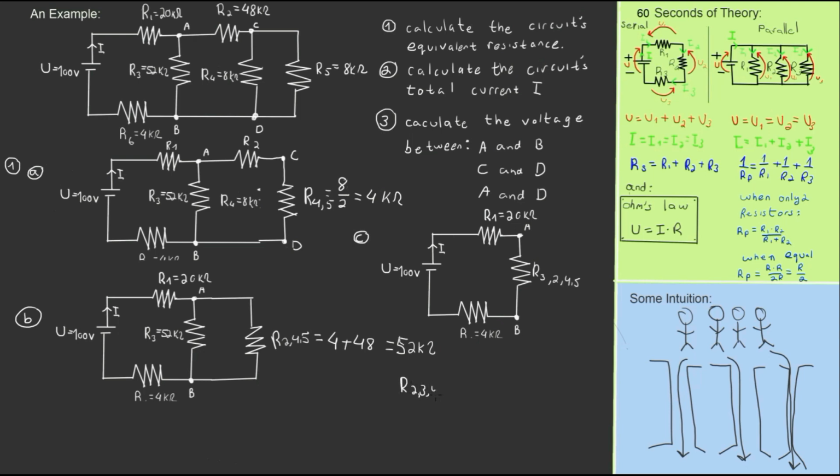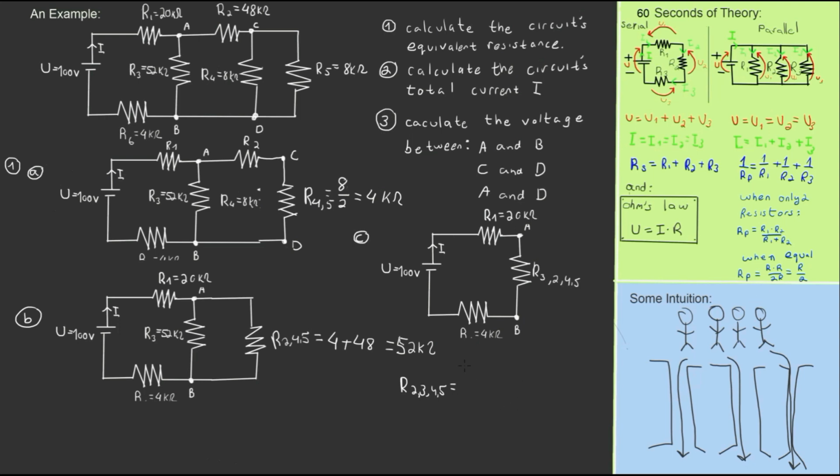R2, 3, 4, and 5. It's the result of connecting 2 resistors in parallel. The 2 resistors are a 52 kilo ohm resistor and a 52 kilo ohm resistor. Wait, again we have 2 equal resistors connected in parallel. That's the simplest formula that we have.